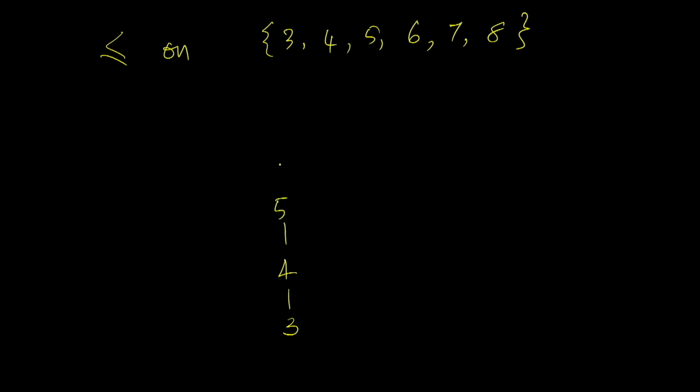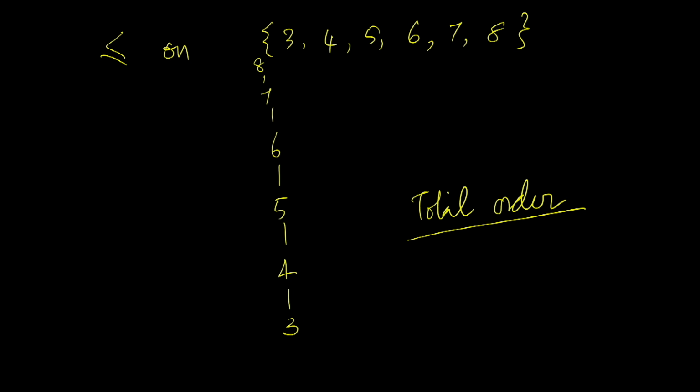Then let us consider the less than or equal to relation on the set 3, 4, 5, 6, 7, 8. Here we find that the Hasse diagram has a simple form. That is because this is a total order, which means between any pair of elements the less than or equal to relation holds.